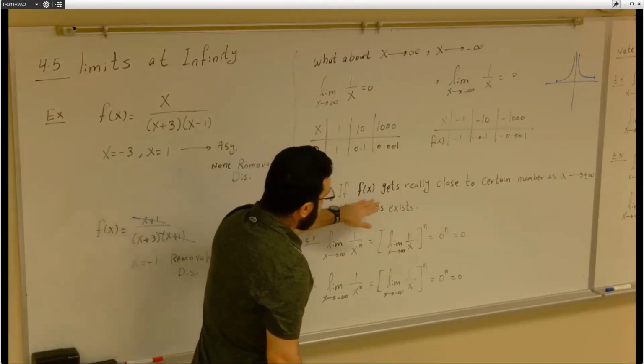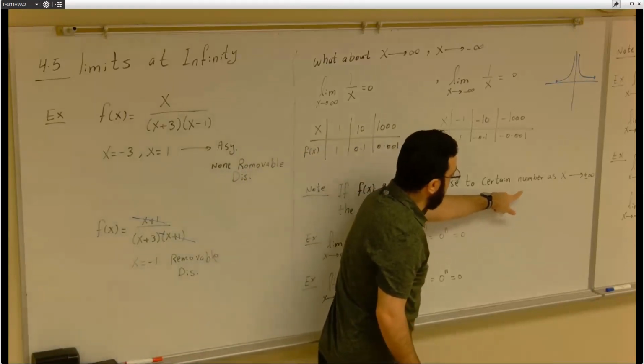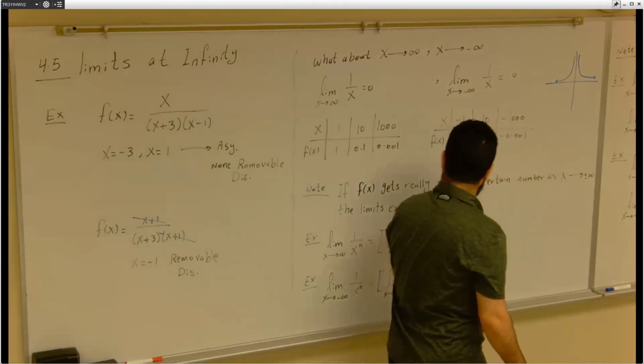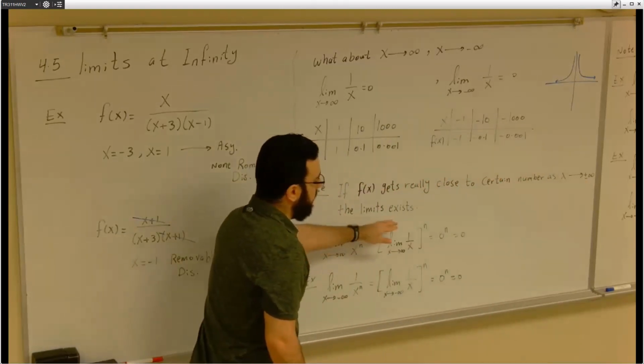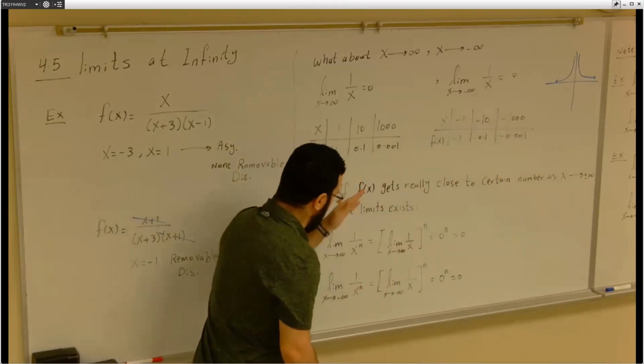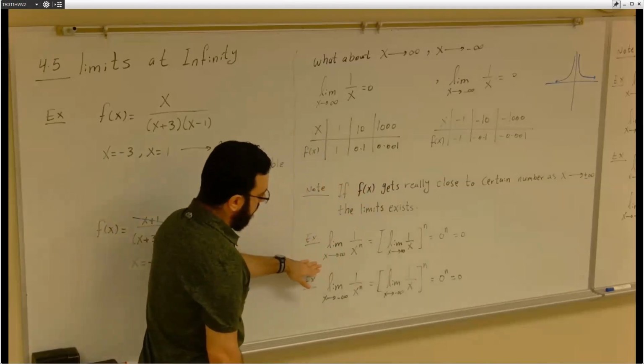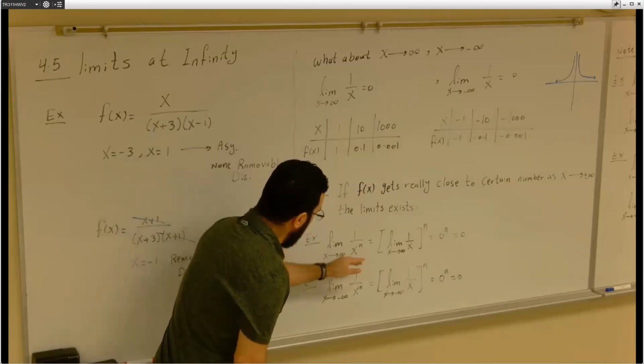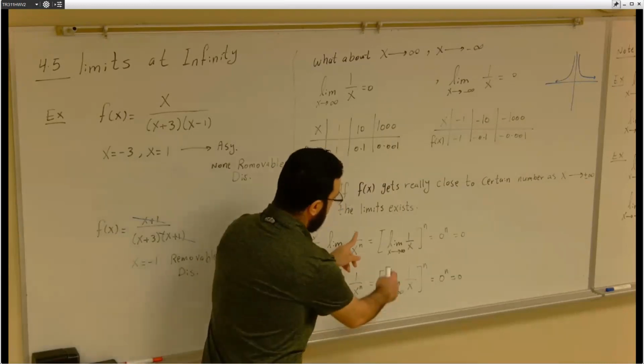If f of x gets really close to a certain number as x approaches positive or negative infinity, that means the limit exists. There's another one based on these: if we have exponents, 1 over x to the power n, the limit always approaches 0.